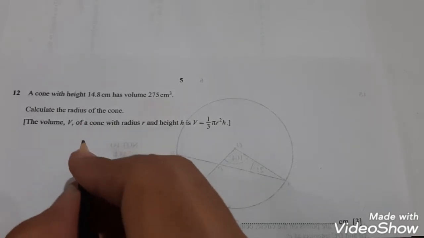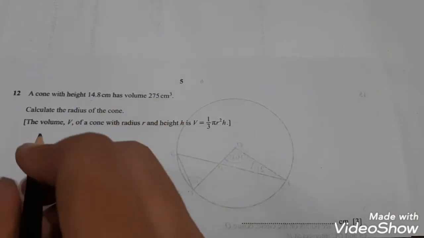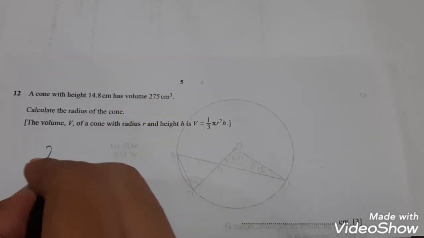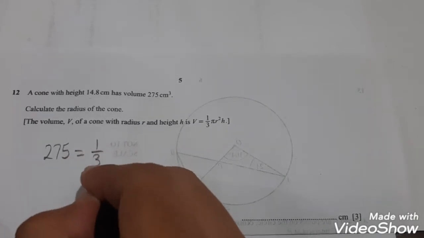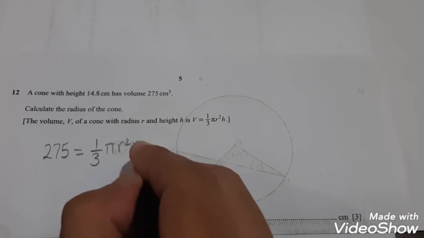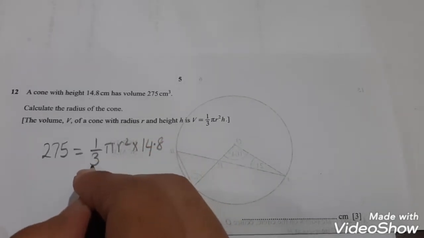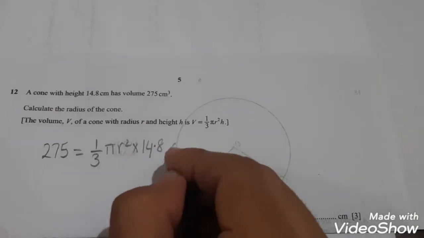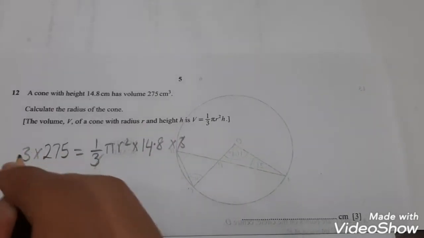So first we will put these values into the formula, which is volume 275 is equal to 1 over 3 pi r squared multiplied by 14.8. So first we will move 3 to the left side by multiplying it by 3, cancelled, and we will multiply over here by 3.